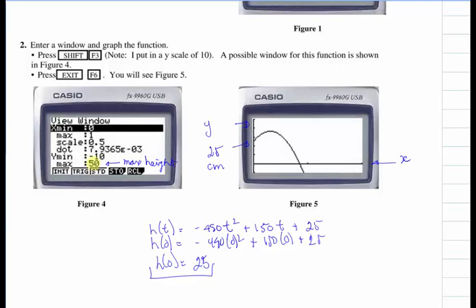Now remember, your x coordinate is for time, and your y coordinate is for height. So for my time, my x min, I'm going to put at 0. I don't need to know a time which is less than 0 seconds.